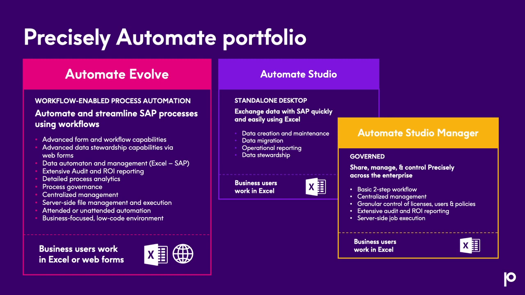And for the API discussion, we're really just looking at Evolve, and we're looking at Automate Studio Manager, which is the server, has a lot of server-side capabilities for Automate Studio, which is our mass data management product. And so think about these two as you look at it. So one is for workflow, which is Automate Evolve, and the other one is for straight through processes that don't require data enhancement and data enrichment.